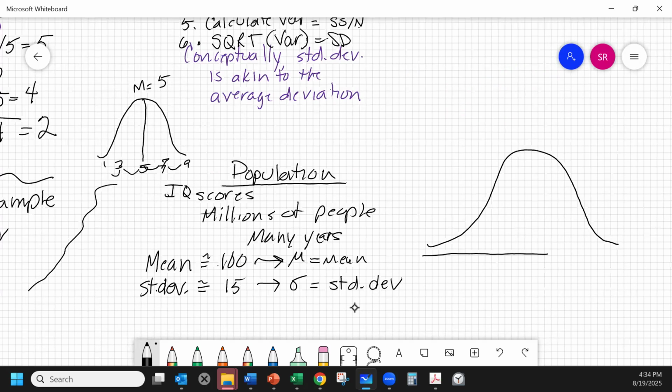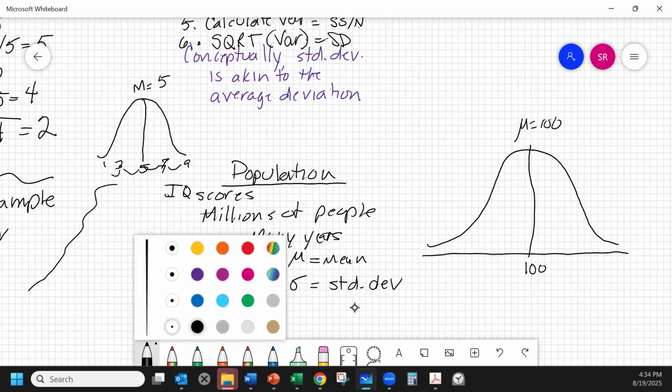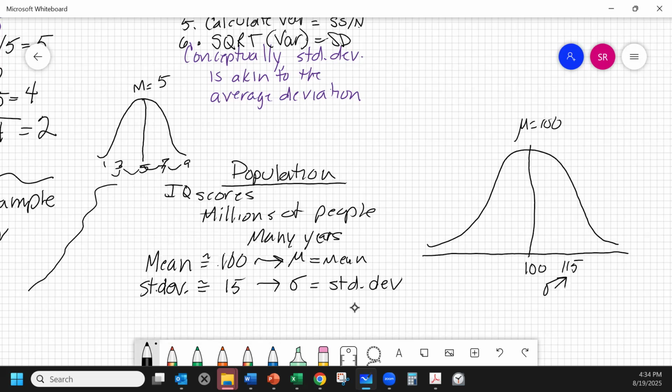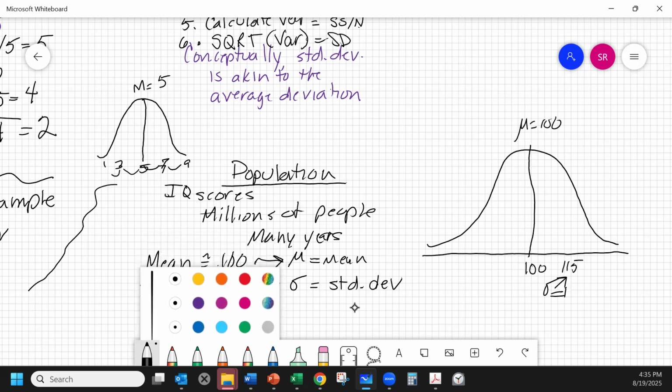And instead of writing M equals 5, we would put 100 because we're talking about IQ scores now. Mu, the mean, equals 100. And the standard deviation would be sigma equal to 15. So 115.